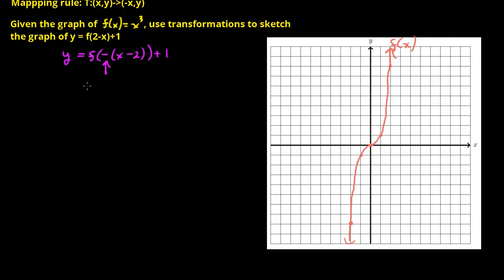And from this minus 2, we have a horizontal shift 2 units to the right.